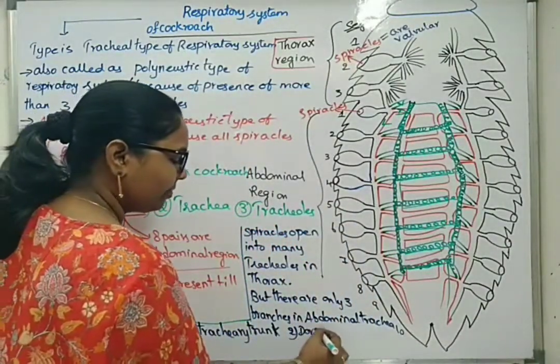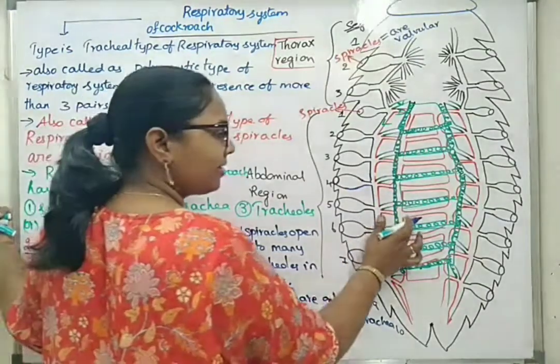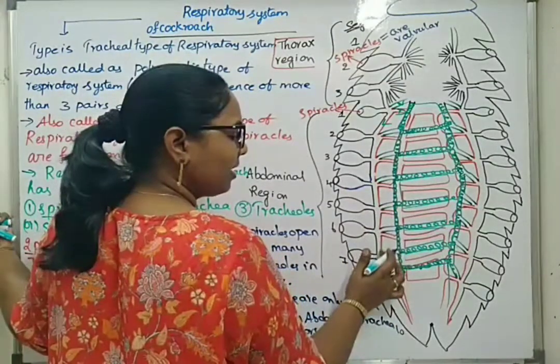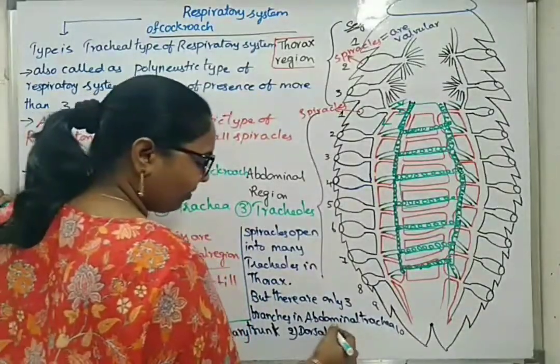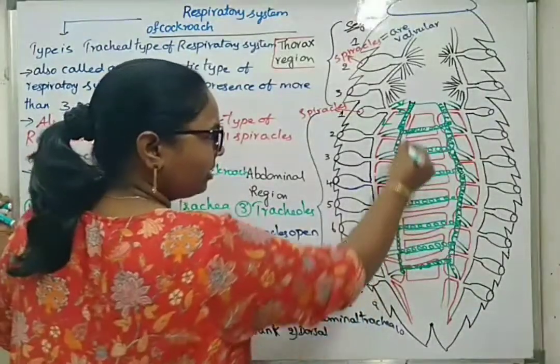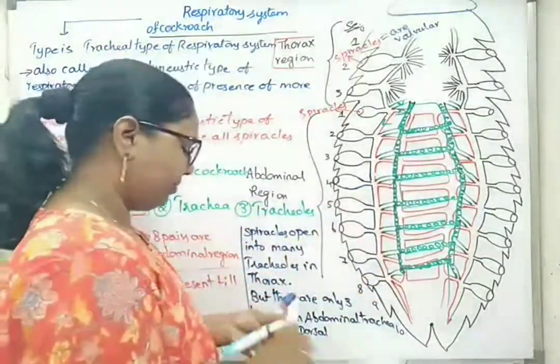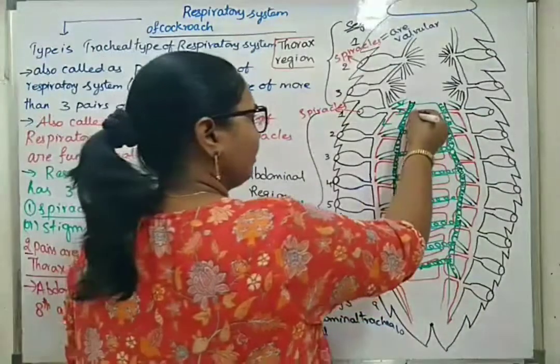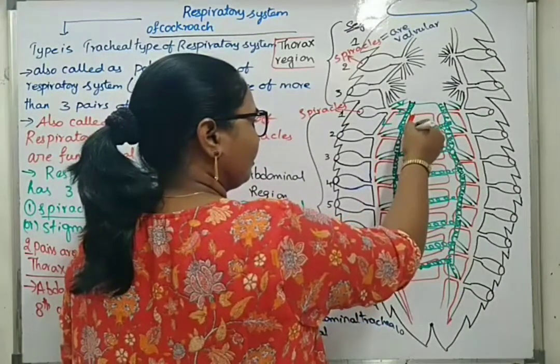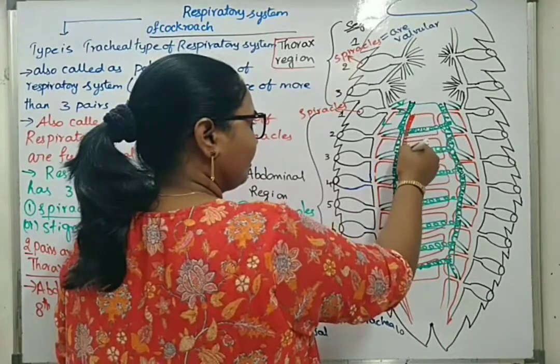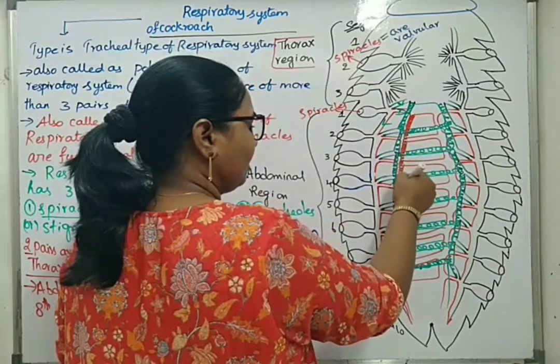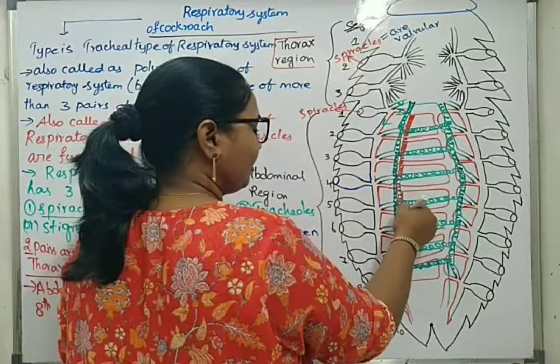So this red color structure is the dorsal tracheary trunk.